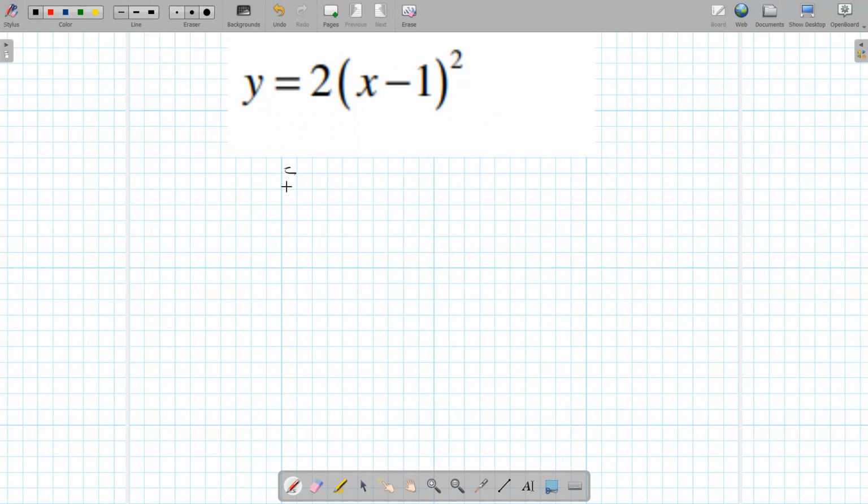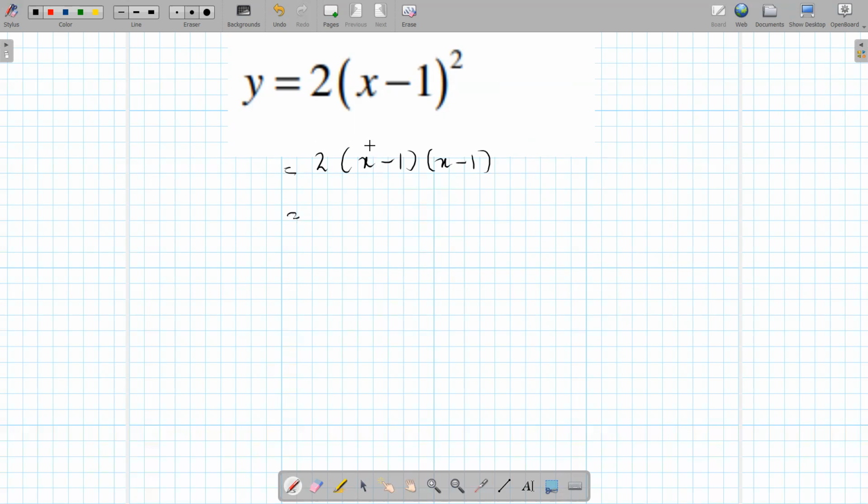What happens to the 2 on the outside? It's going to stay on the outside. So we're going to do 2x. Don't throw this in yet, because you see this is power of 2. This doesn't have a power. So it's just going to stay on the outside.